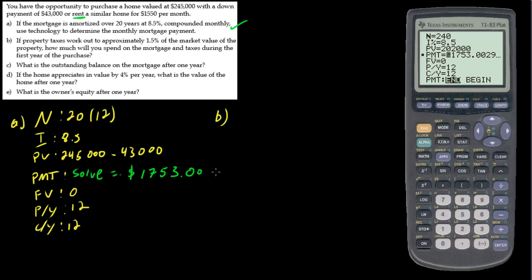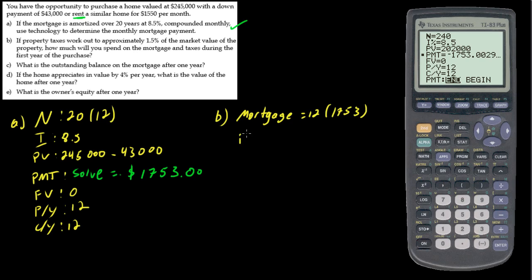Let's go into B. If property taxes work out to be approximately 1.5% of the market value of the property, how much will you spend on the mortgage and taxes during the first year? Well, that's not too bad. We can figure out the mortgage payments here. Since we're doing 12 of these per year, and each of them is worth $1,753, then we can do that.